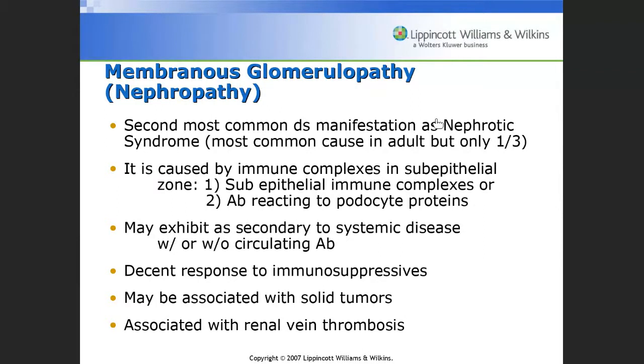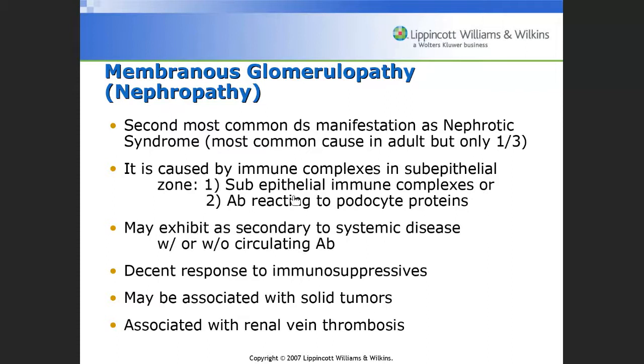So of all the people who have nephrotic syndrome, let's say there are 100 of them, and you say, oh, it's membranous glomerulopathy. That's your guess, right? Then I'll say, well, you will be right 33 times. It's only a third of them. The other two thirds are probably going to be like minimal change or secondary disease due to diabetes.